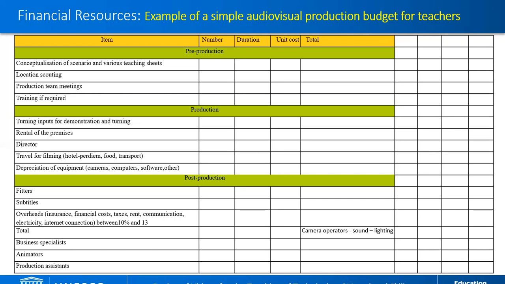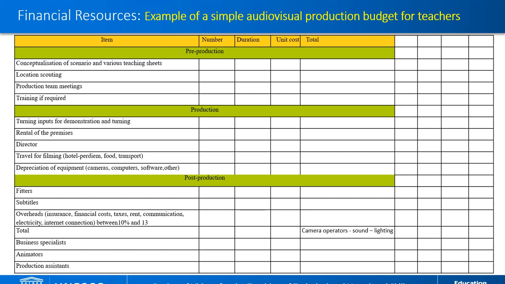The items to be considered include conceptualization of scenario and various teaching sheets, location scouting, production team meetings, training if required, shooting inputs for demonstration and shooting, rental of the premises, director, travel for filming, including hotel, per diem, food and transport, depreciation of equipment, including cameras, computer software, and others.